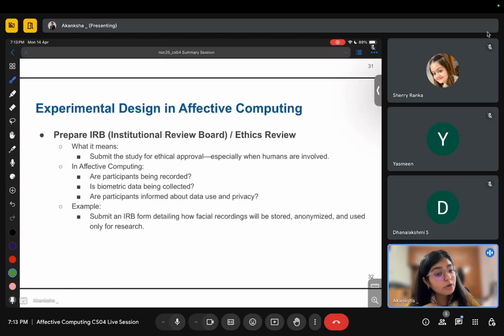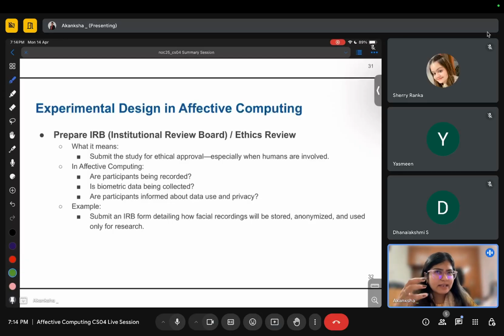It is going to be stored on this server, and this is going to be very secure and nobody can access it, so that ensures the participants' privacy and security of the data, ठीक है. So these things are very very important, and especially in scenarios with medical health, mental health, या कुछ ऐसे situations या applications आती है ना, so it becomes 10 times more important to get the approval from this ethical body, ठीक है.